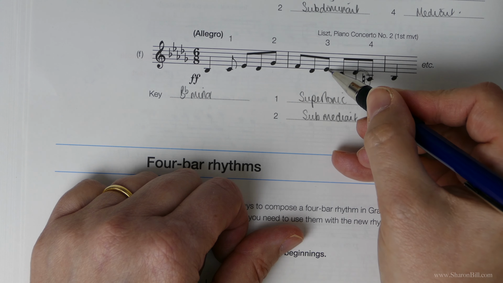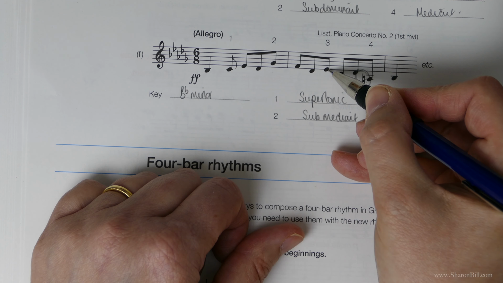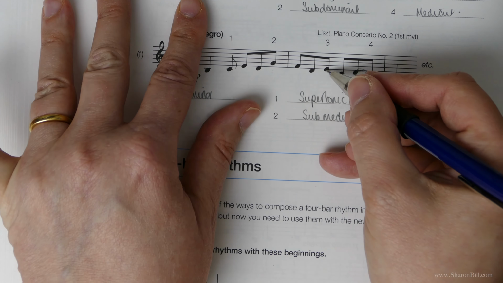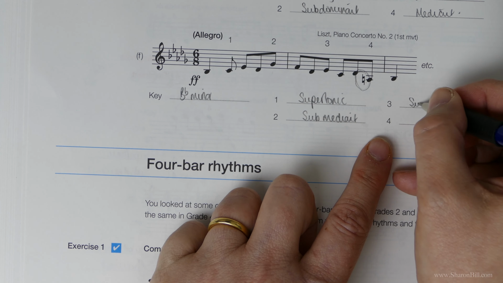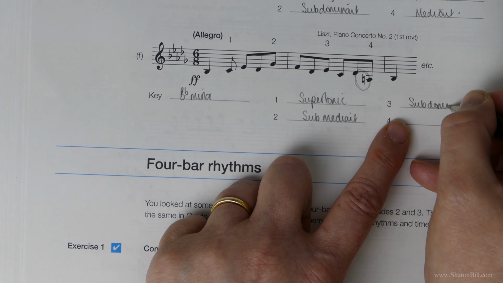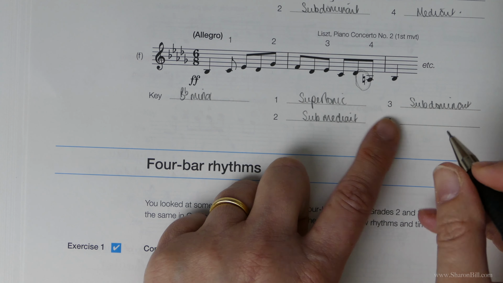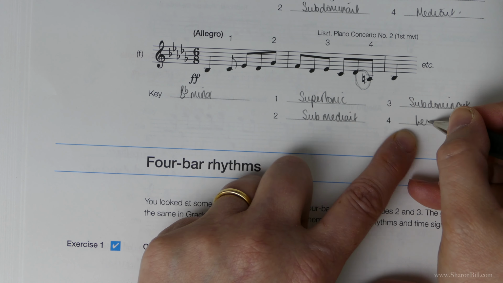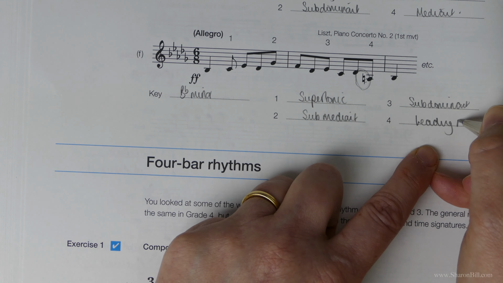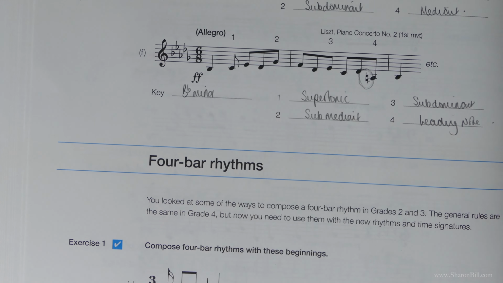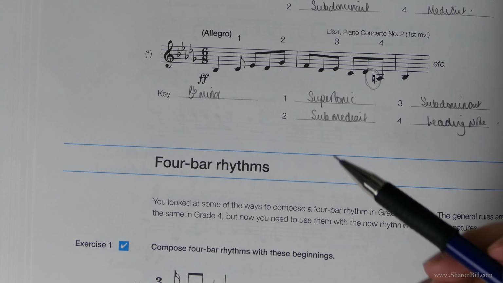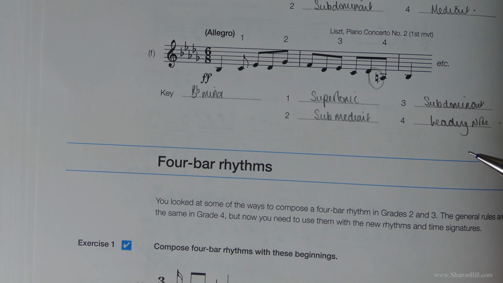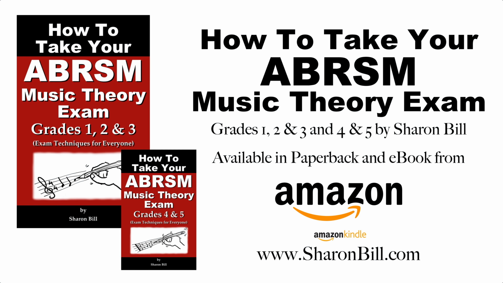Number 3 is this B, C, D, E, the subdominant, the 4th. And then number 4 is our raised 7th, that's our leading note. There we go, so it's just getting to grips with these new technical names for the degrees or the steps of the scale.